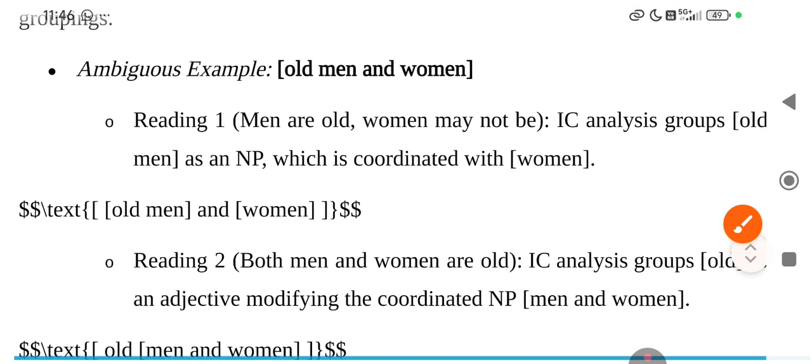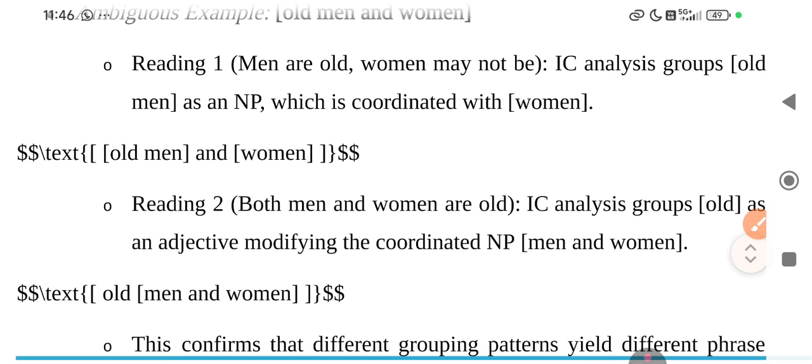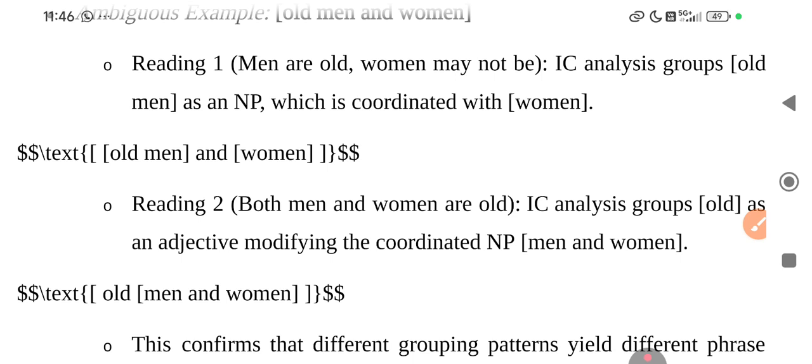So what's this? This is old men and women. So reading one: men are old and women may not be. Right? So IC analysis groups old men as an NP which is coordinated with women.